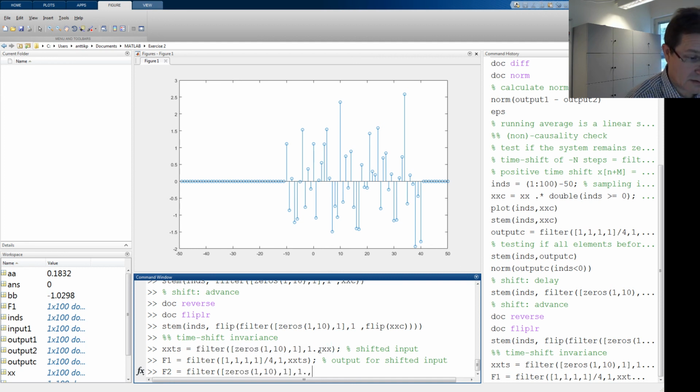Time shift, what is that point doing here, and then there, original signal, filtered, and then this one time shifted.